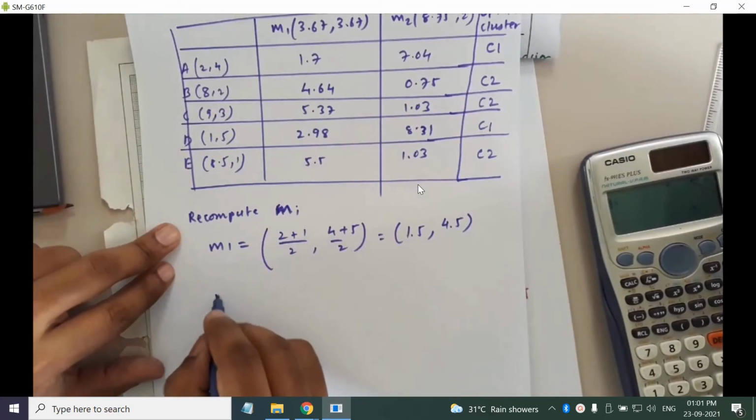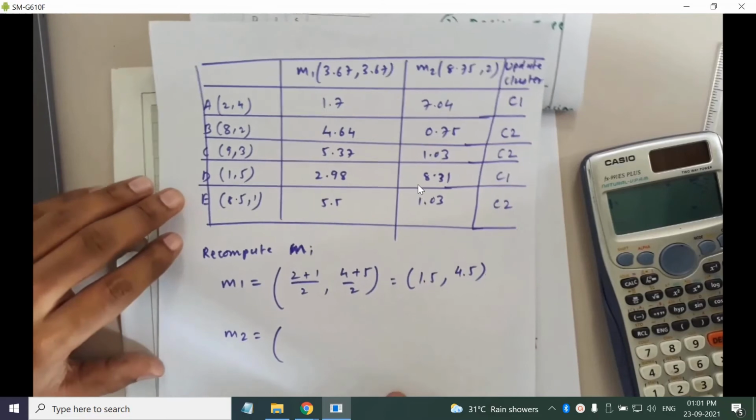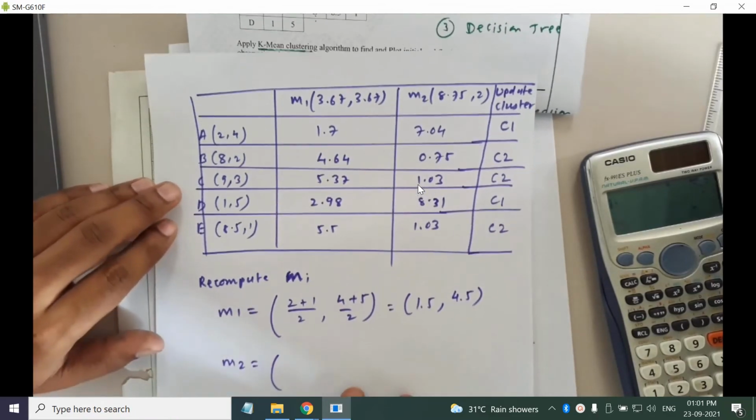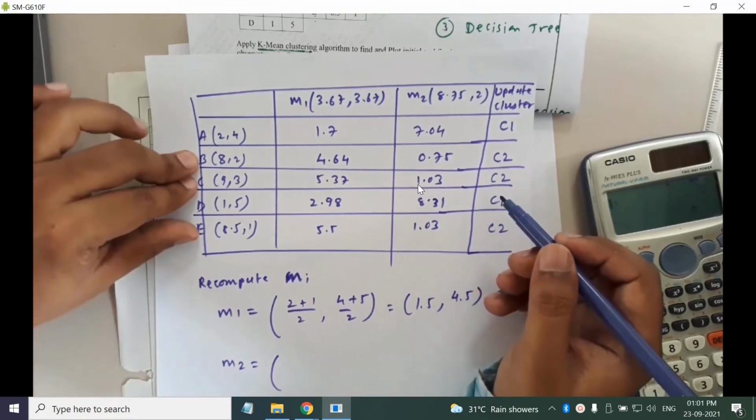m2 is the centroid of cluster 2. In C2, B, C, E are there.